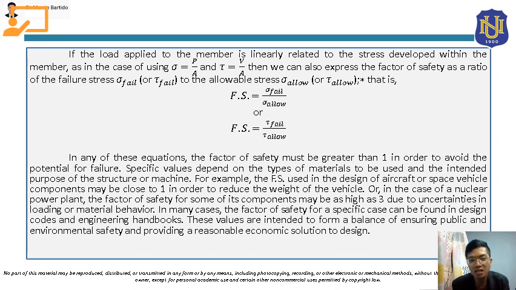In many cases, the factor of safety for a specific case can be found in design codes and engineering handbooks. These values are intended to form a balance of ensuring public and environmental safety and providing a reasonable economic solution to design.